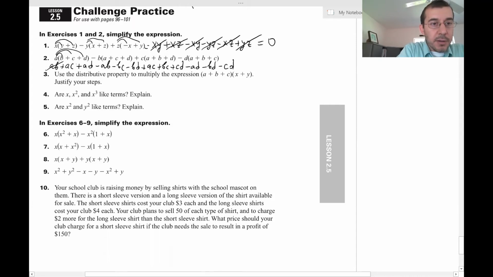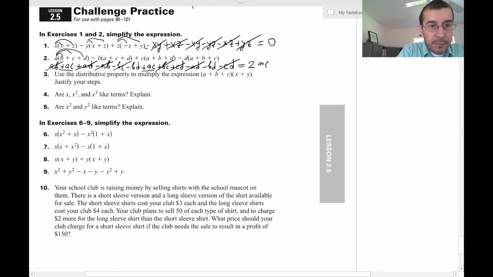So AB and minus AB cancel out. Let's see, what else? AD and minus AD cancel out. CD and minus CD cancel out. Minus BC and plus BC cancel out. We have one AC and another AC, so this is 2AC.